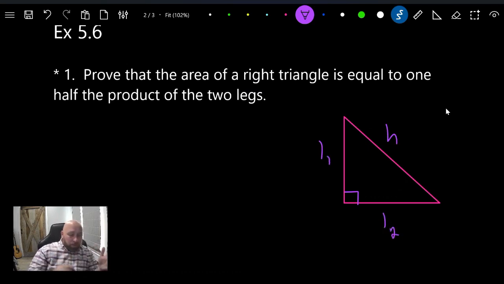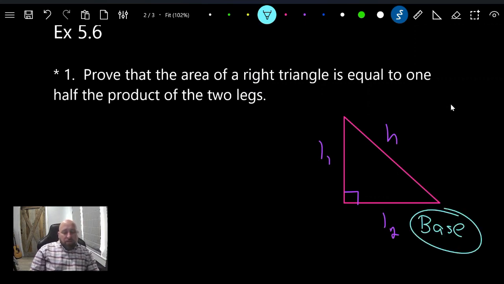It could be either one. Now, I want you to notice something immediately when you look at this. Leg number 2, we could also call this the base, when we're talking about triangles. Notice that that one down there is a base. It's sitting on that. Now, check this out. This is an altitude, right?